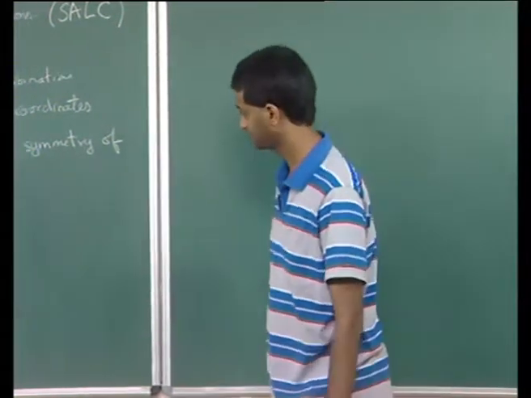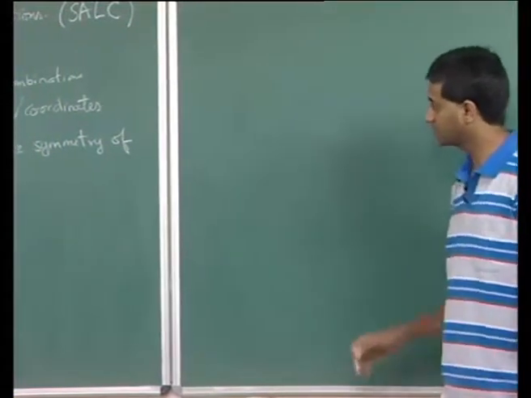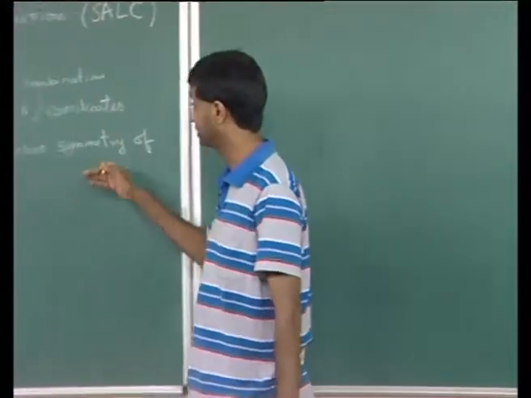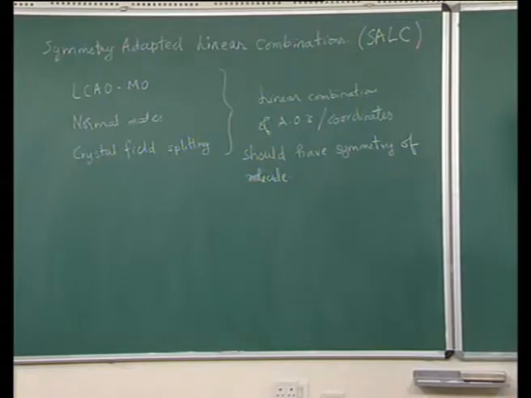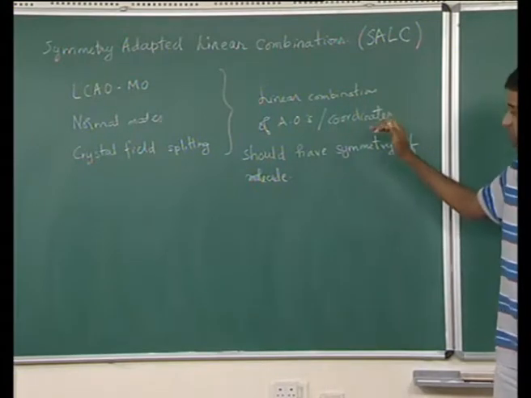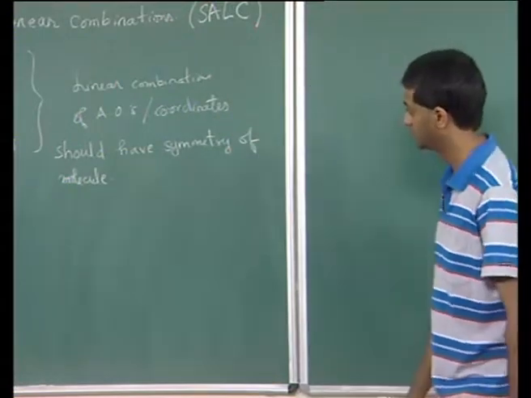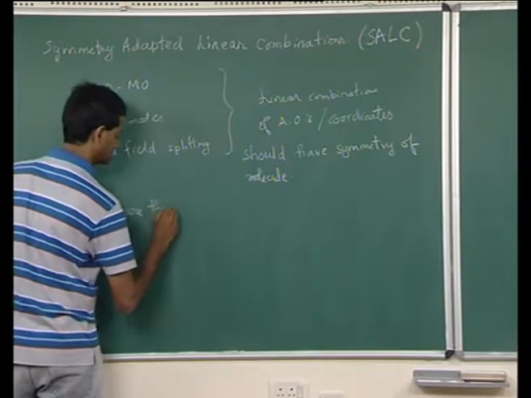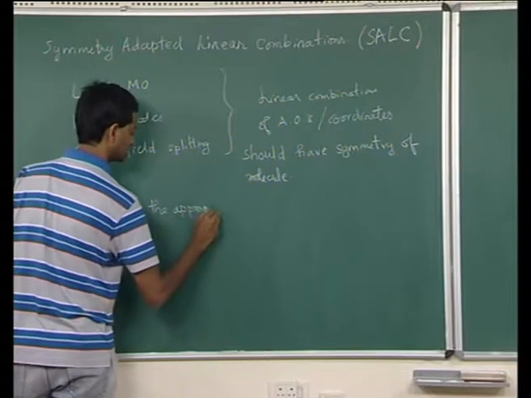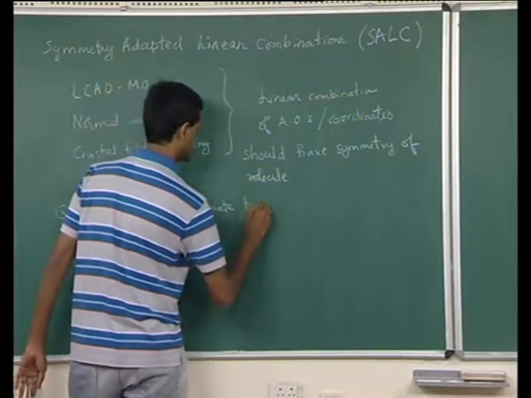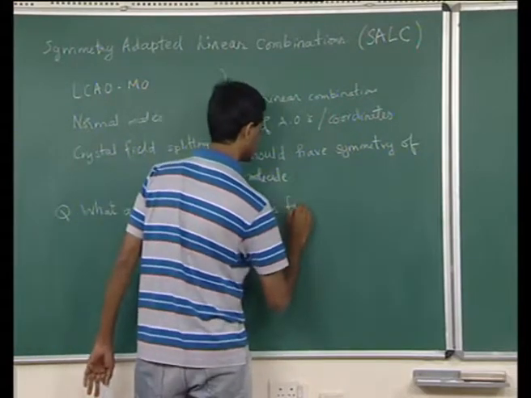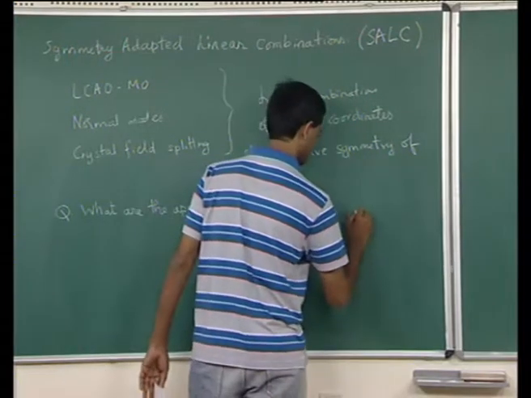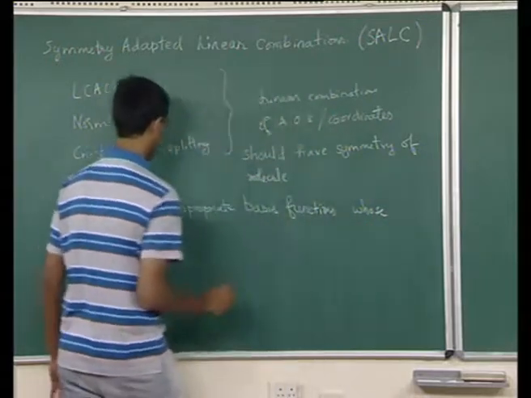This is the idea behind symmetry adapted linear combinations, and it will become clear as we look at more examples. So the question is, how do you find the appropriate orbitals of which you should take a linear combination, or how do you find the appropriate basis vectors with which you take these linear combinations?